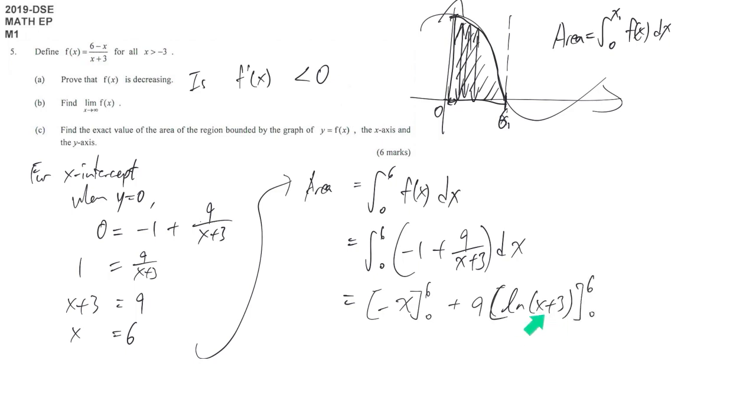You may use an absolute sign or just simply brackets here. It's because when x is between 0 and 6, the input is always positive.